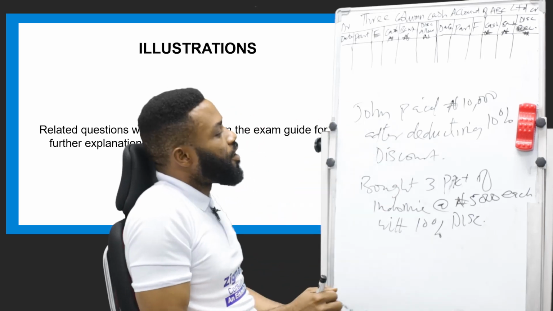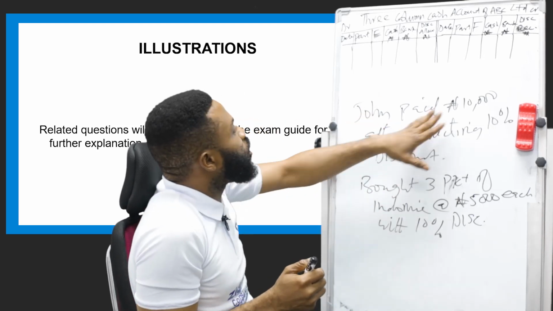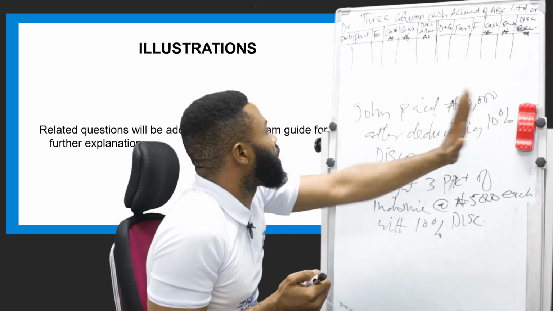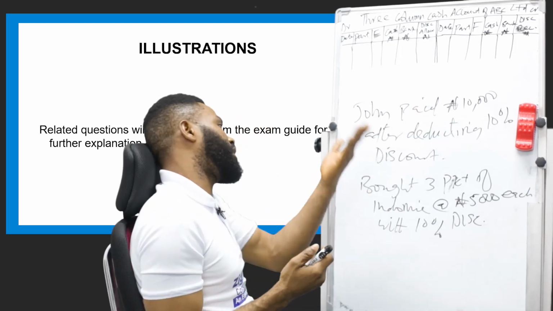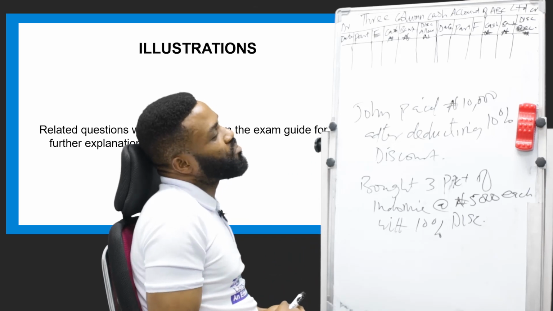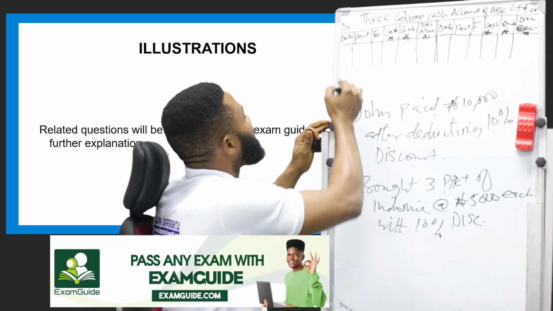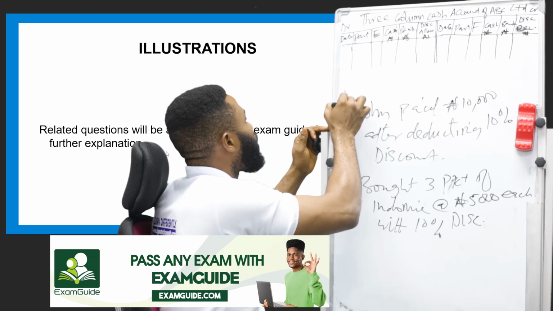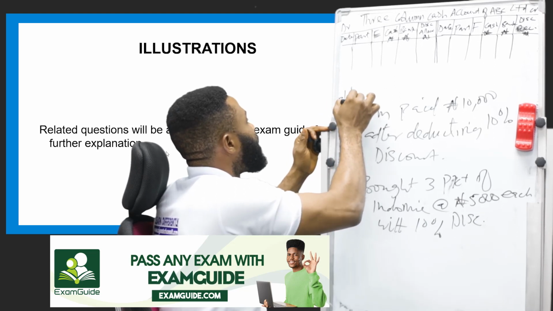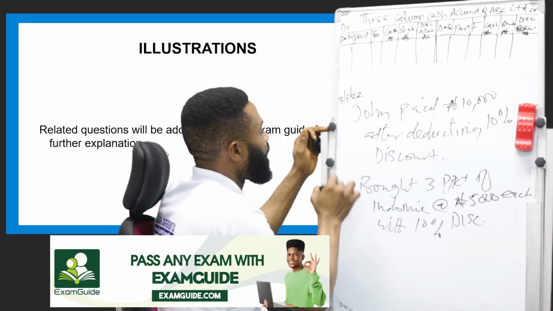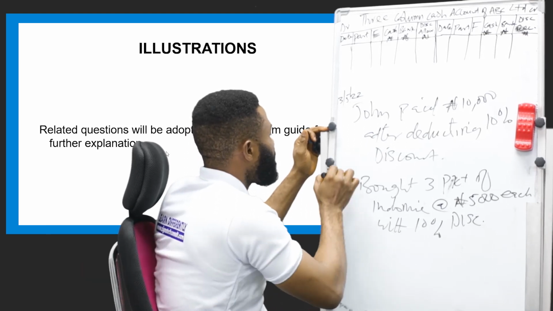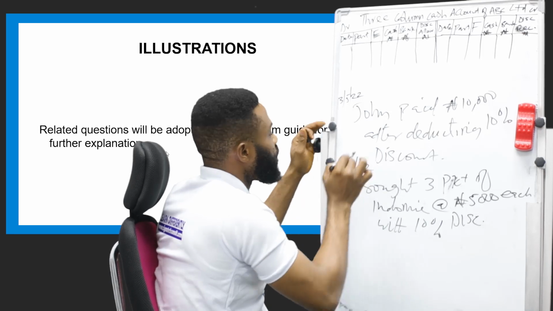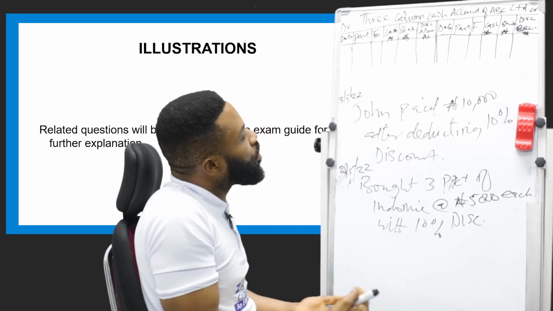Let's look at this. These are just few examples. Now, the first one, John paid us 10,000 after deducting 10% discount. John was actually owing us 10,000 naira. Let me write the date. Let's assume this happened 3rd of May 2022, and this happened 20th of May 2022. So when I say, John, how far now?